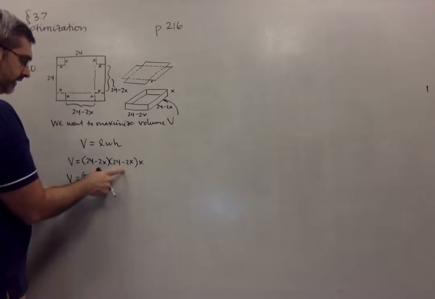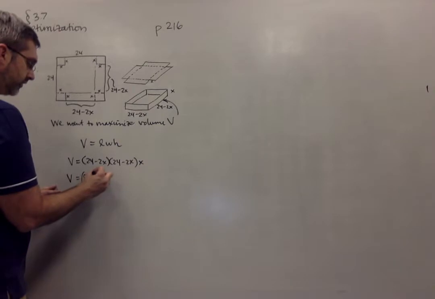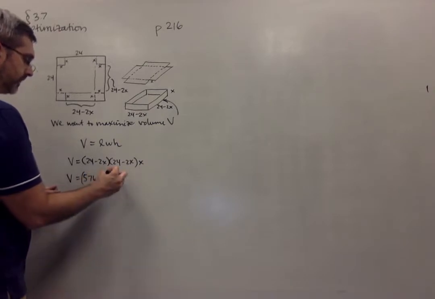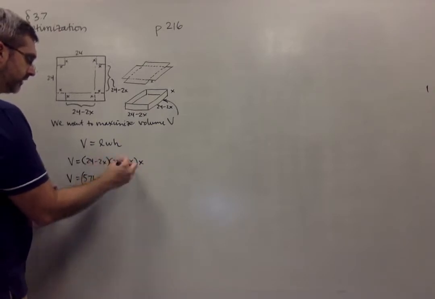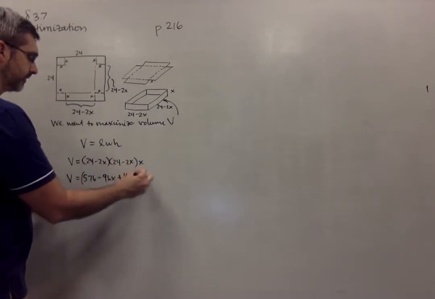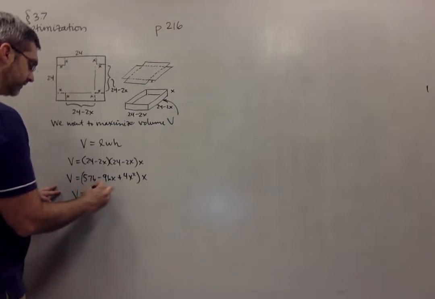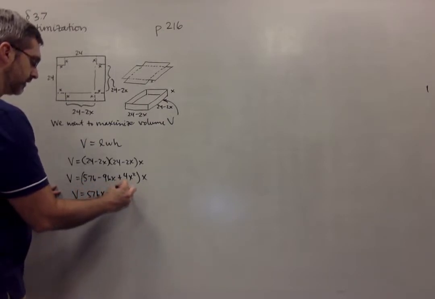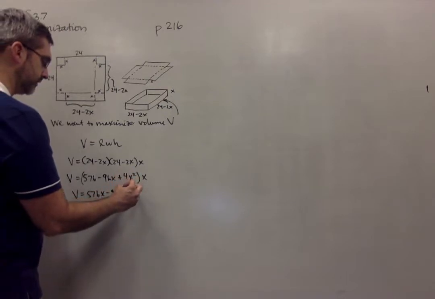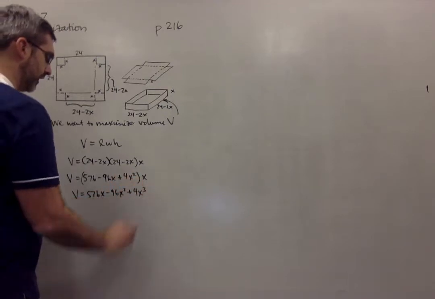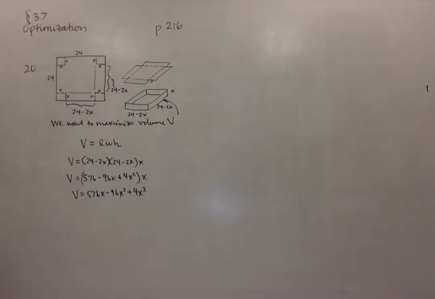Okay, I'm just multiplying these two out right now. So foiling, I've got first, outer, inner. So outer is 48x, inner is minus 48x. So I get a total of minus 96x plus 2x times 2x is 4x squared. So if I throw that x in there, all right. So 576x minus 96x squared plus 4x cubed.